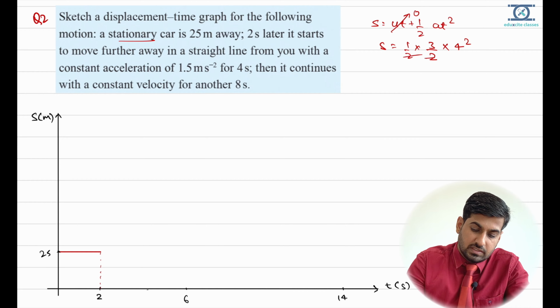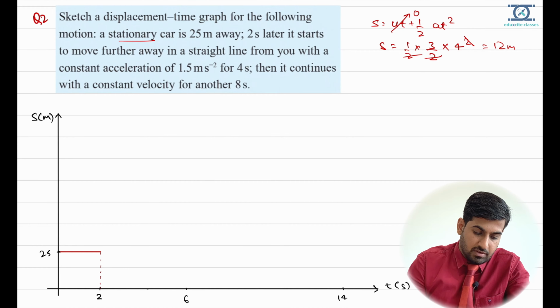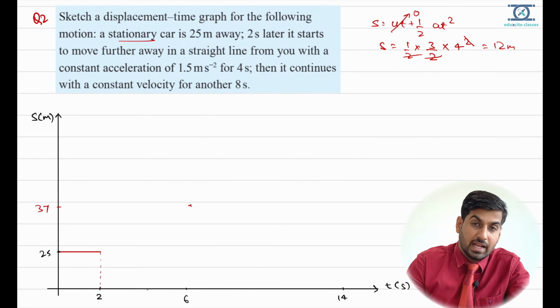So this and this will be 12. So 12 meter is the displacement covered during those 4 seconds, and already it is 25 meter away from the reference point. So the displacement that I will draw here will be 37, somewhere here. So for the next 4 seconds it will be at this point, and it is moving with an acceleration.